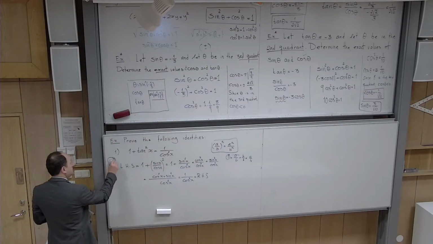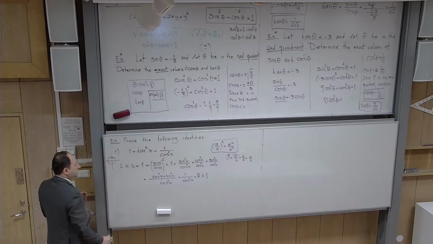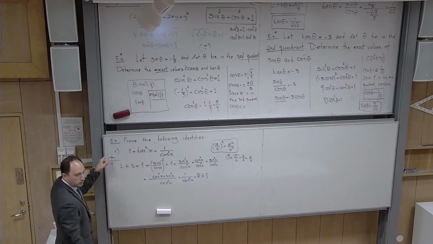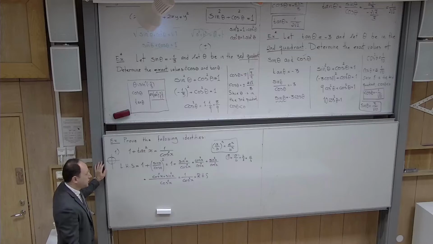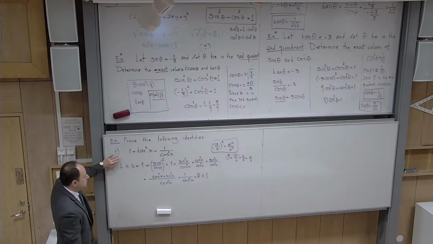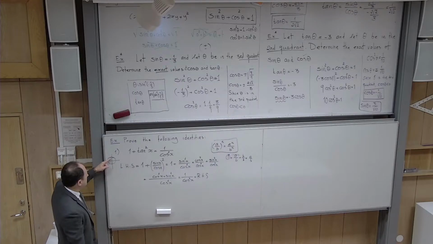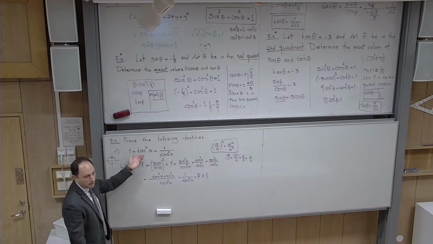If this is the unit circle, yes, cosine is 0 either here, so I have to exclude this point, or if I am here, because these are the only points at which the cosine is 0. So this is not necessary, this is not part of the problem, I'm just telling you for deeper understanding. So this is valid whenever your angle is not at these 2 points. For every other point, this will actually work.